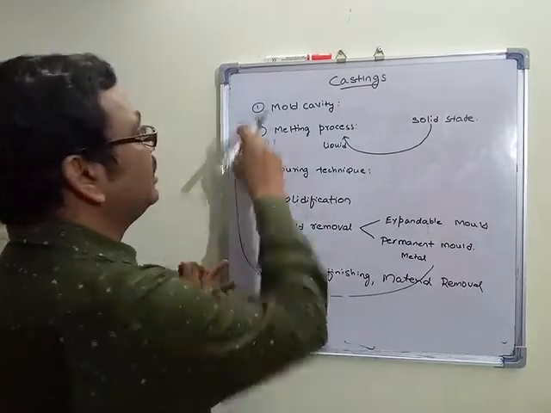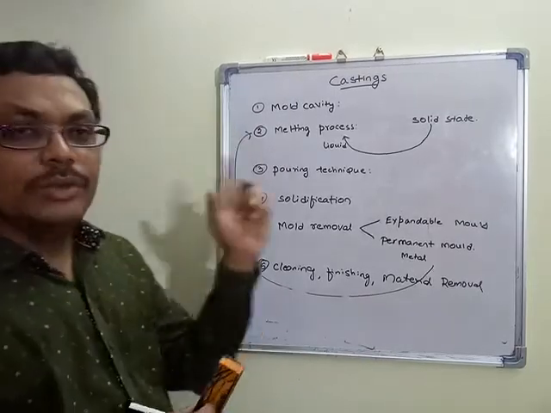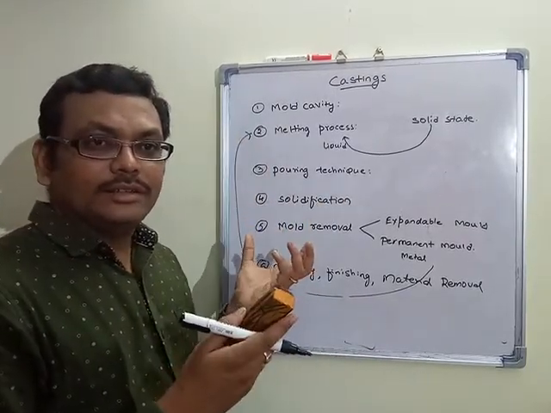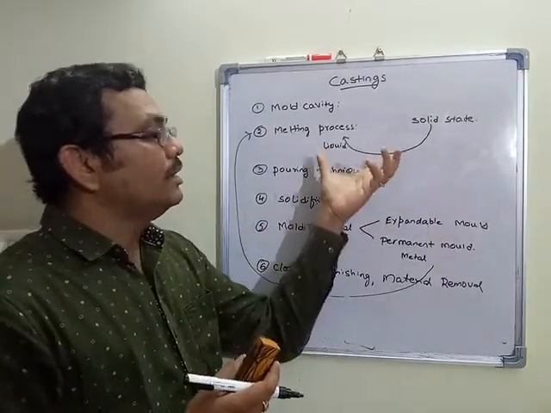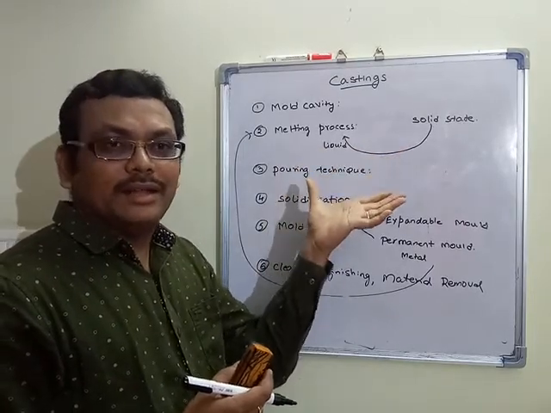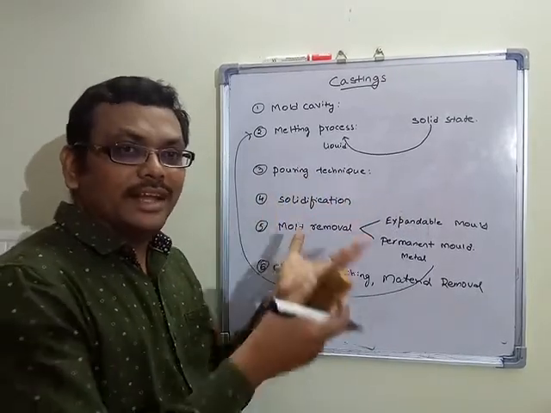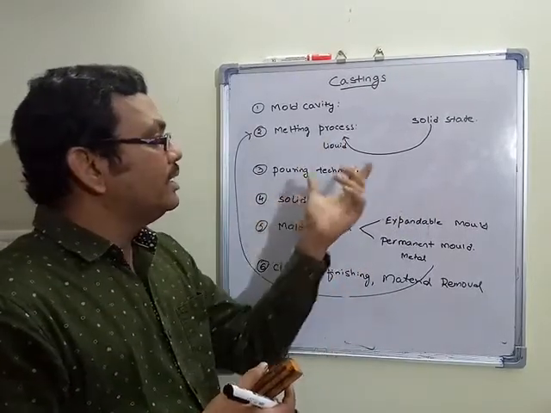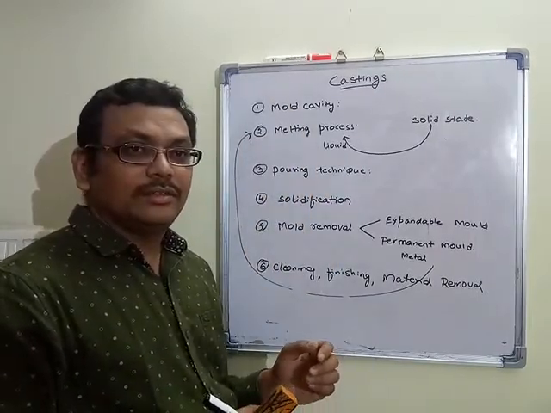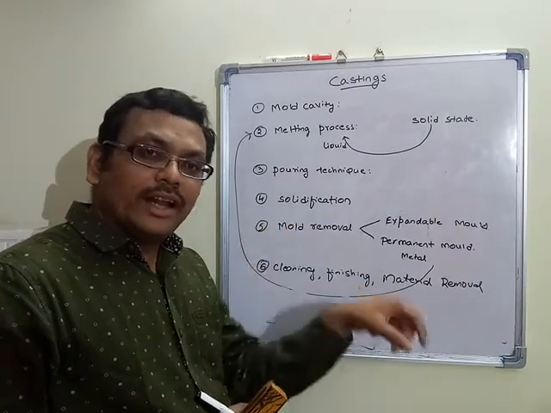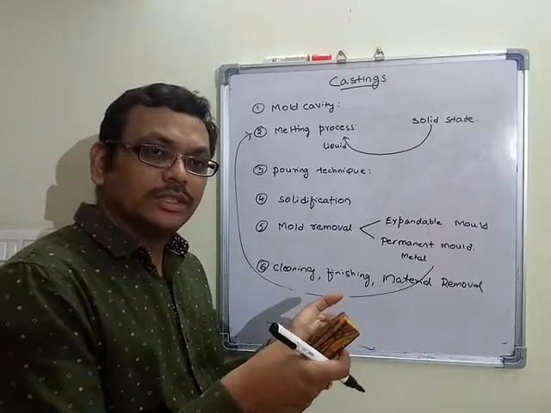So this is about the steps in casting. First, we have to create a mold cavity. Before that, you have to prepare some molten metal, from solid state to liquid state by heating. Then that molten metal is poured into the mold cavity with the help of different techniques, either directly with a scoop, or with force, or through tubes.